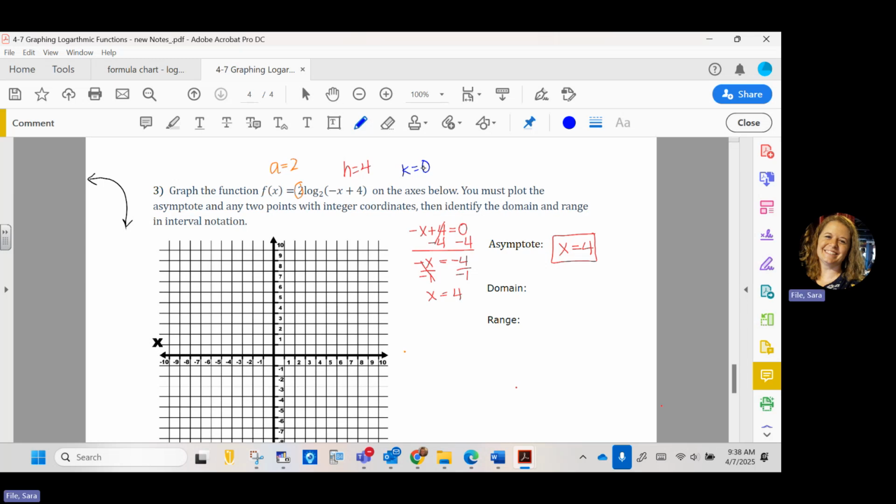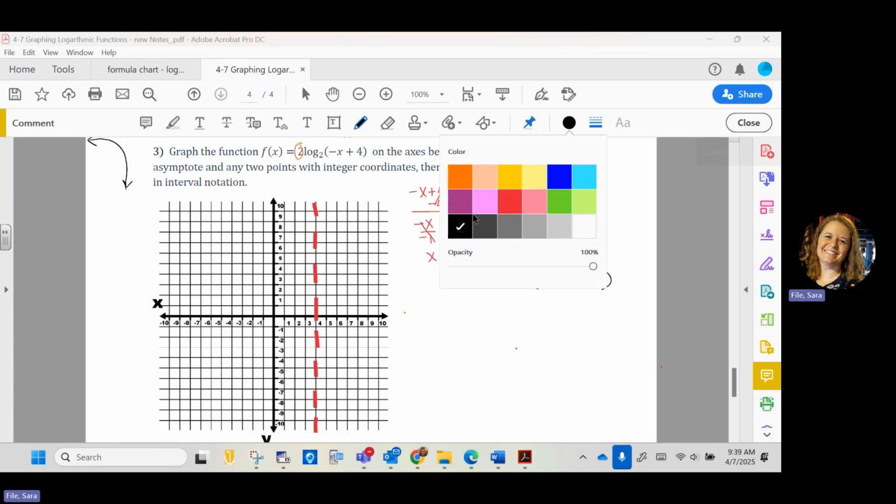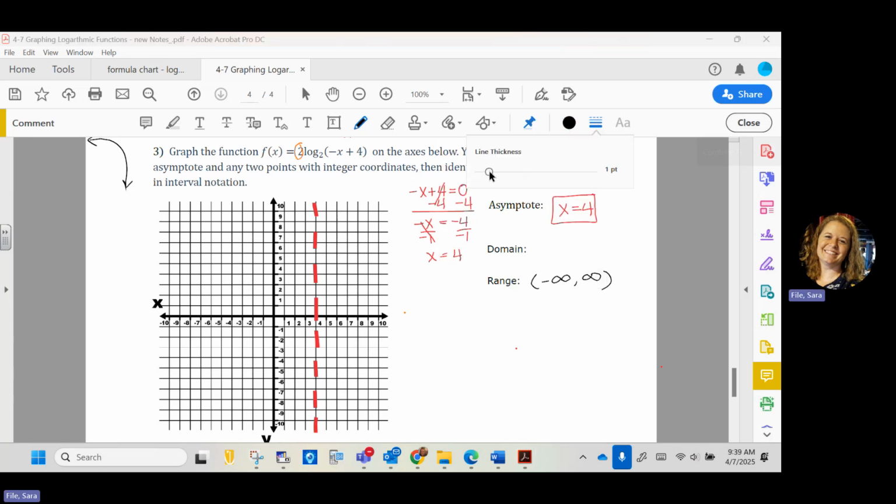All right, now I should be able to answer range before a graph because it's a log. I know the range. Okay, but I'm going to go ahead and graph my asymptote that we said would be at 4. Okay, and then I'm going to use Desmos to come up with some values so I can plot points here. And I'll save us some time and tell you.